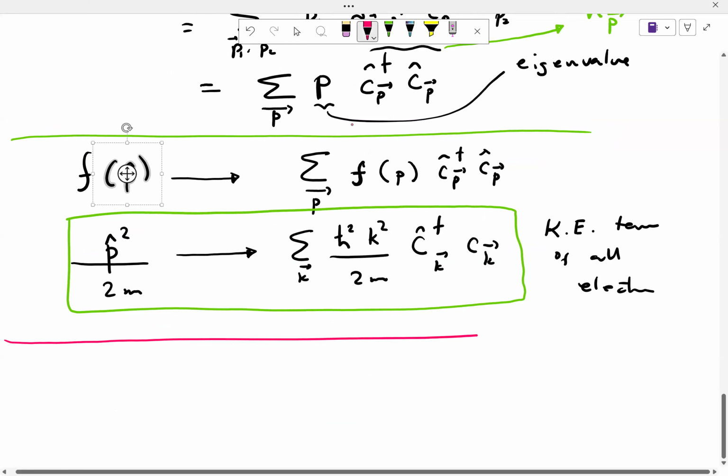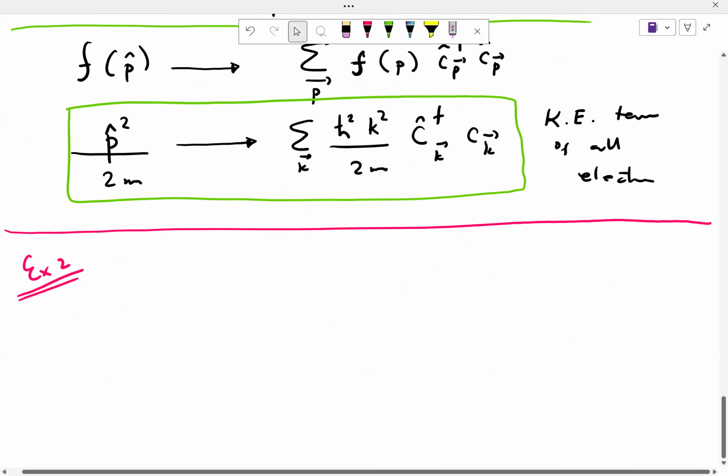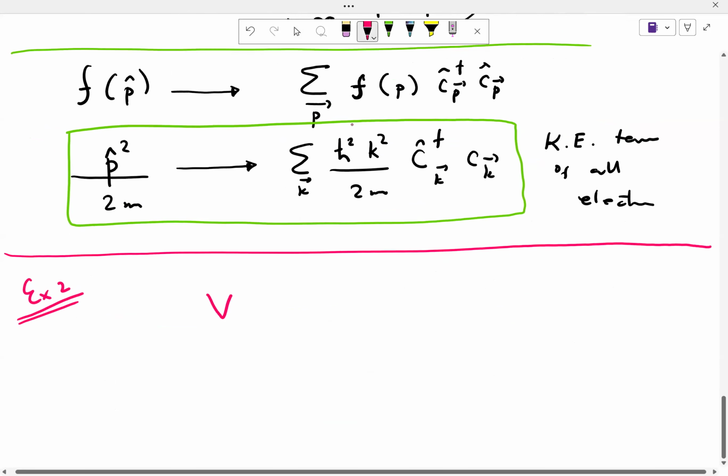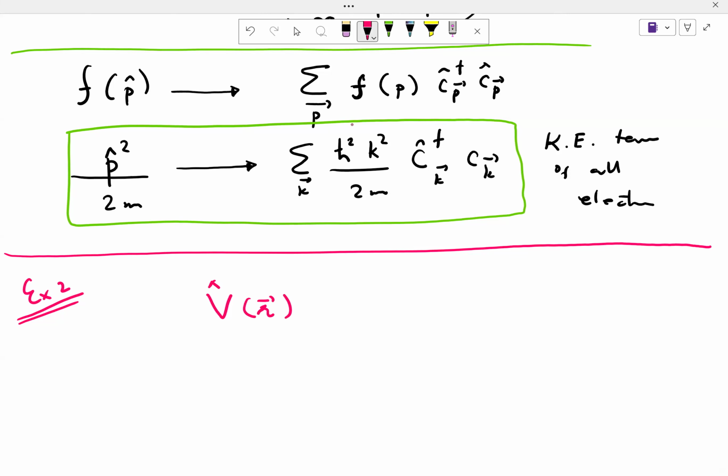All right. Now, let me give you another example of another single particle Hamiltonian. Suppose I have a function V(x) or V(r). Now, this is an operator written in the position basis. Now, I want to express this in its second quantization form. So how do I do that?